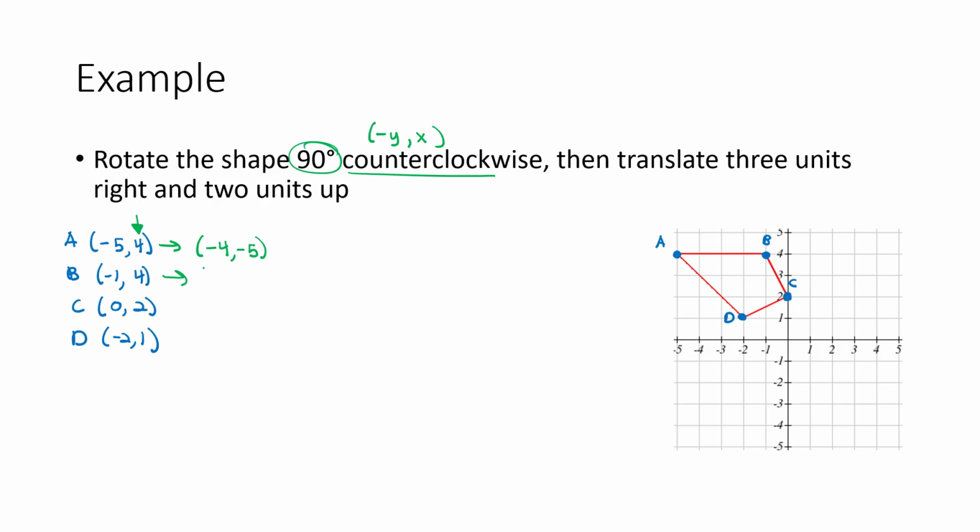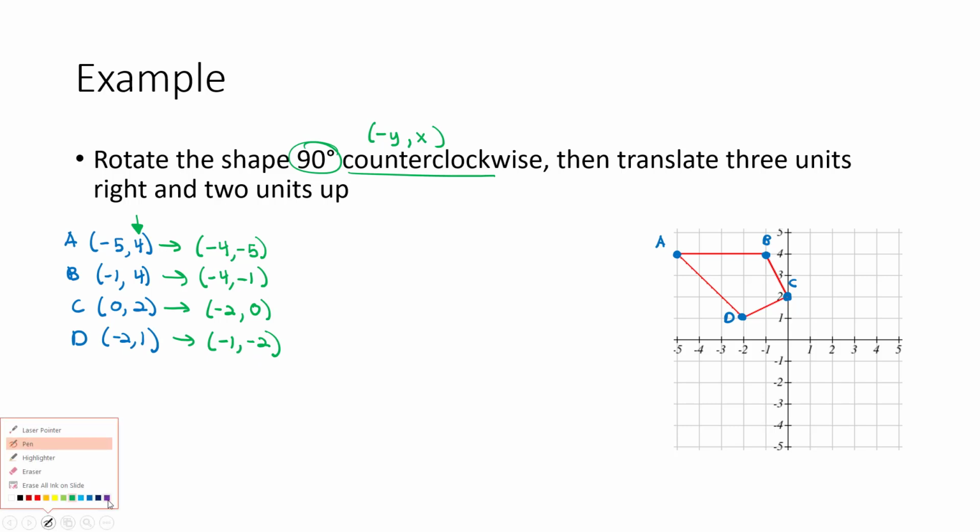They switch orders, and the y becomes negative. So the 4 becomes negative 4, and the negative 1 stays the same. It's just coming second. Again, the 2 becomes the opposite, negative 2, and the 0 stays the same. (Negative 2, 1) becomes (negative 1, negative 2); the x-coordinate stays the same, negative 2.